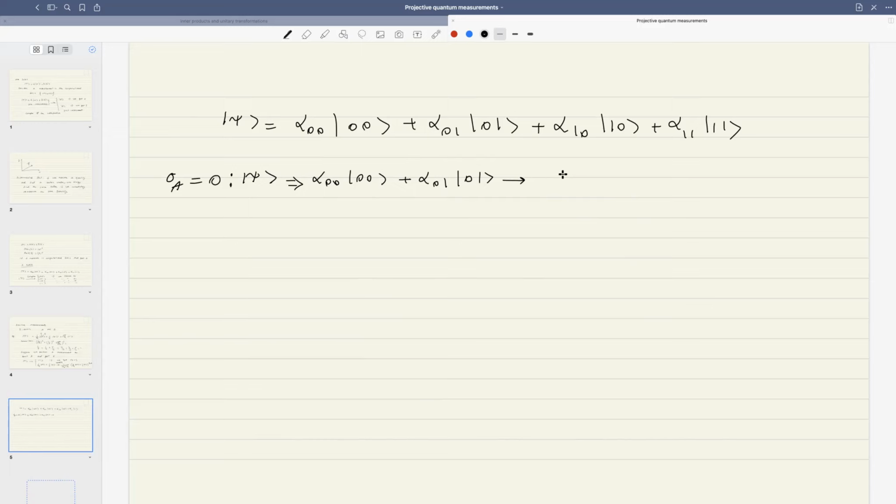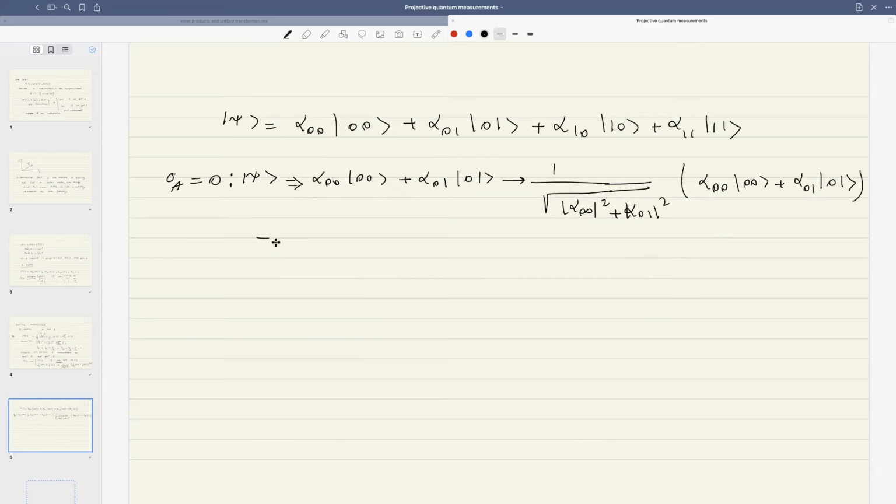So if I divide that by the square root of |alpha 0,0| squared plus |alpha 0,1| squared, you will see that this state is normalized.